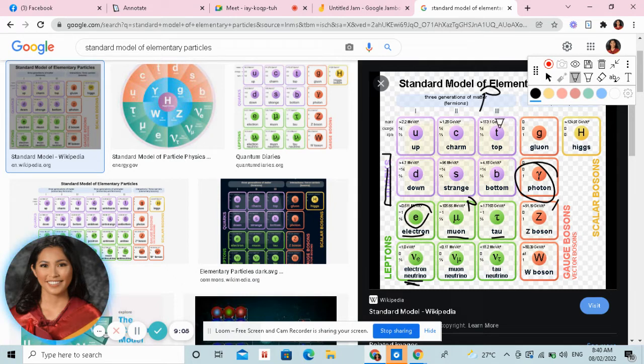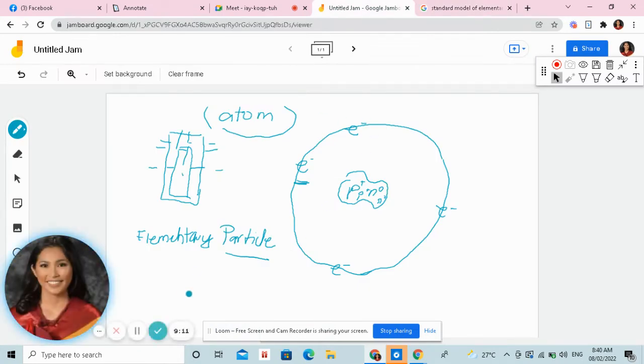Okay, so P is not a standard particle because according to them, your proton, okay, say proton, dako na lang na ha. Proton is actually made up of two up quarks.